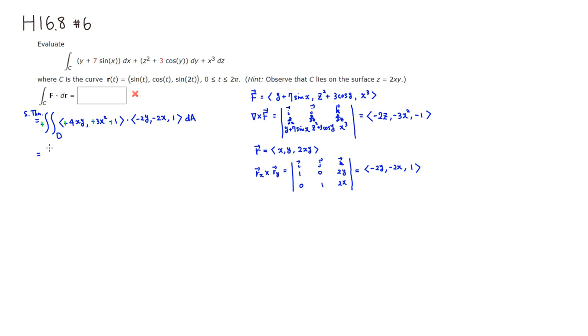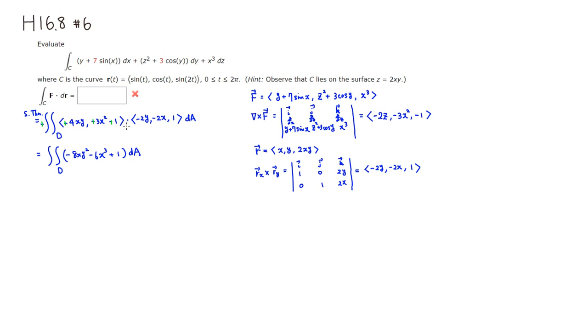So what you get is going to be a double integral over D of negative 8xy squared, and this times that is negative 6x cubed, and then plus 1, with respect to dA.